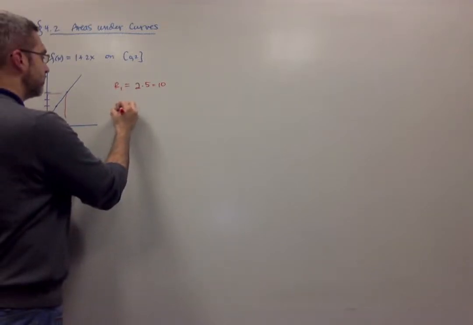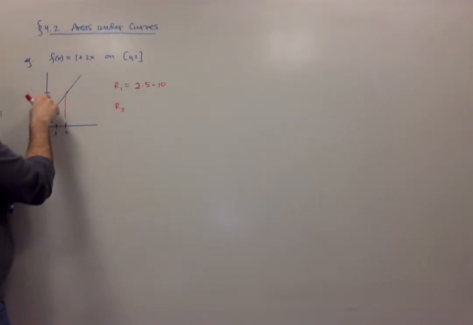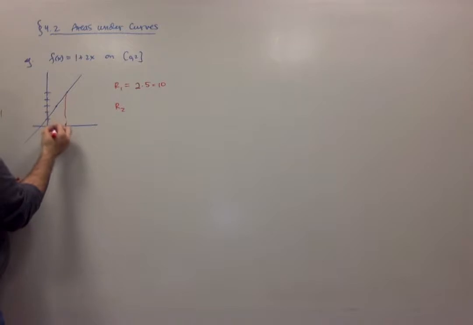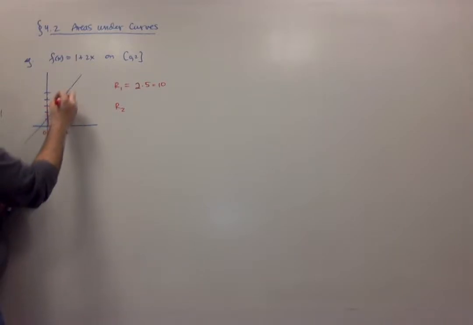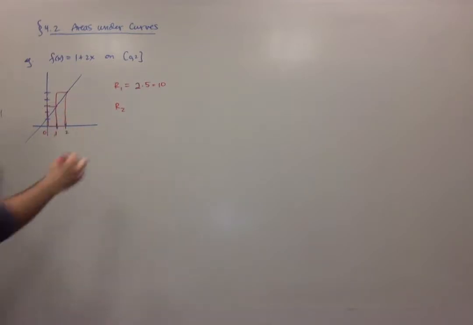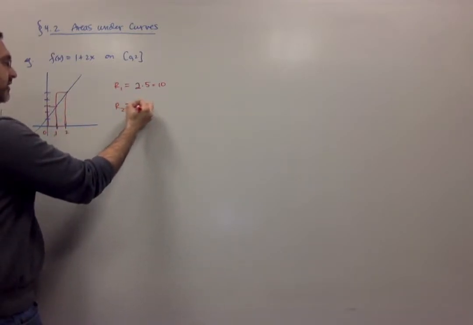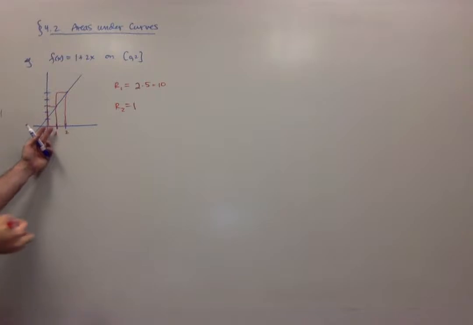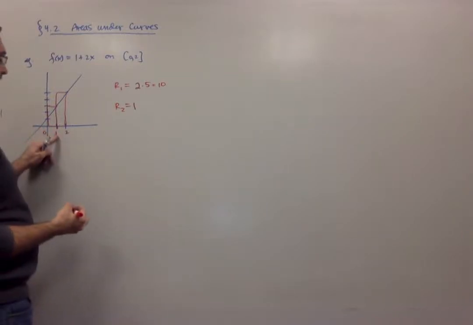If I were to use 2 rectangles instead, and use right sides, in other words, I cut it into 2 pieces. First rectangle would look like this, and the second rectangle would look like this. Each of them has width 1. And the height of the first rectangle would be what I get when I plug 1 into the function.